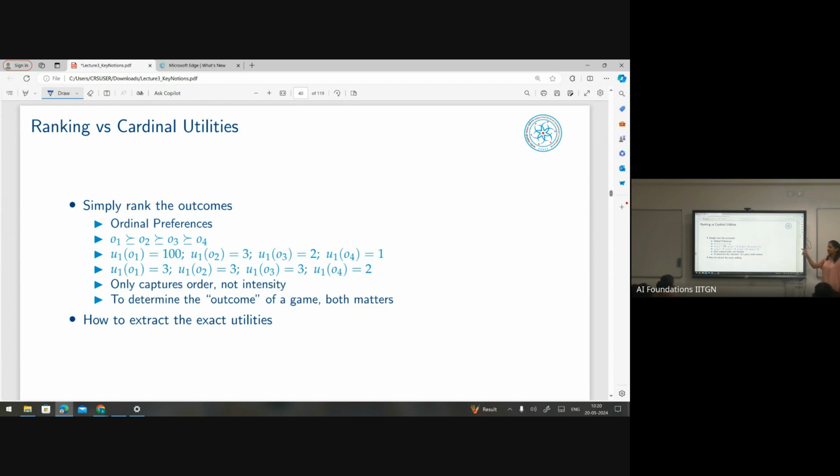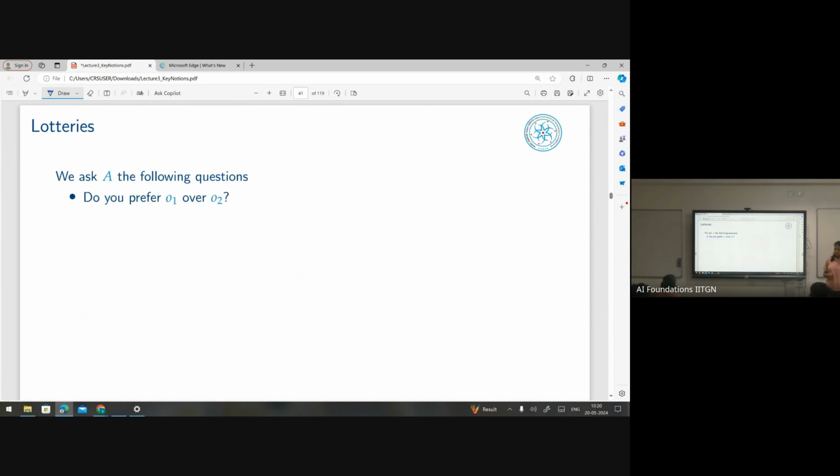Now, how do we extract these utilities? I can ask these agents, what do you prefer, O1 over O2, etc., and I can come up with an ordinal ranking. But how do I come up with these numbers? This was given by Von Neumann and Morgenstern, who define a term called lotteries.